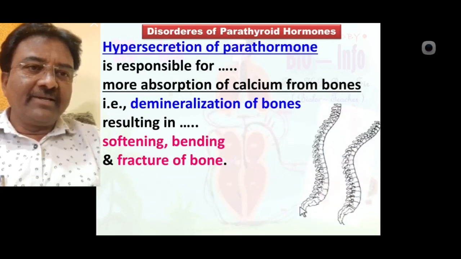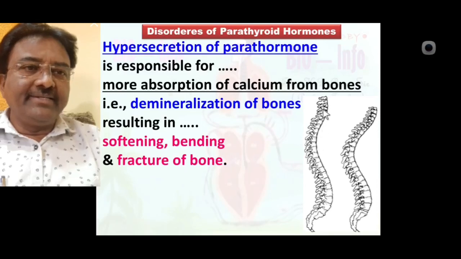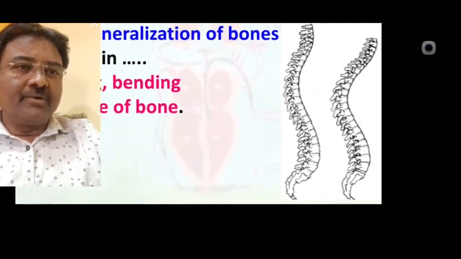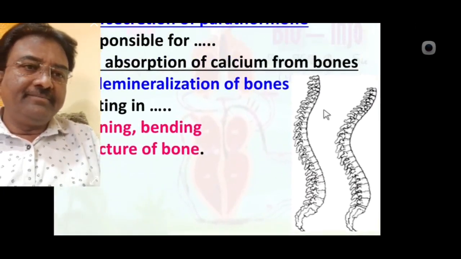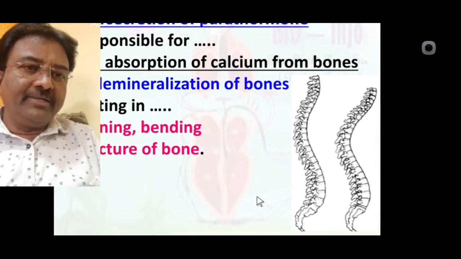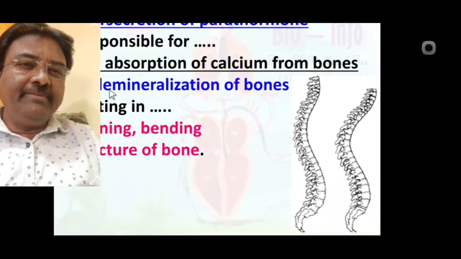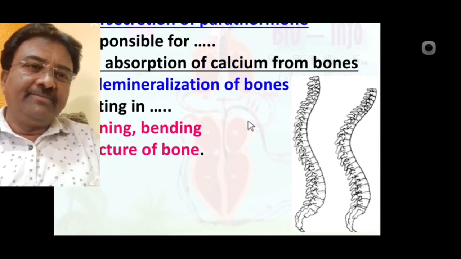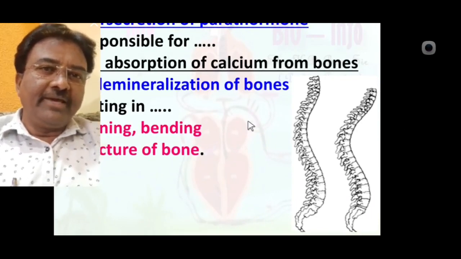See the diagrammatic representation. This one is a normal vertebral column, and this one is an abnormal vertebral column. This abnormal vertebral column is due to demineralization, because a lot of calcium is absorbed from it.